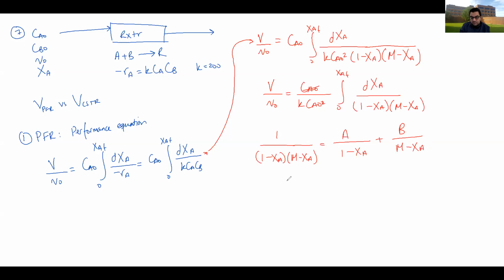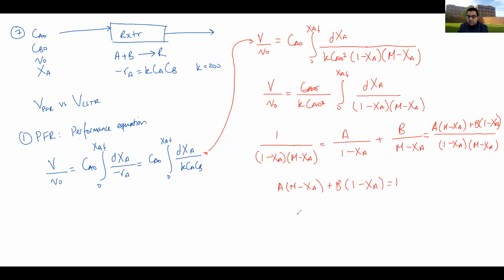If I do this algebra and combine these two, I will get A into M minus XA plus B into 1 minus XA over 1 minus XA, M minus XA, and this has to be equal to 1. So now A into M minus XA plus B into 1 minus XA has to be equal to 1.